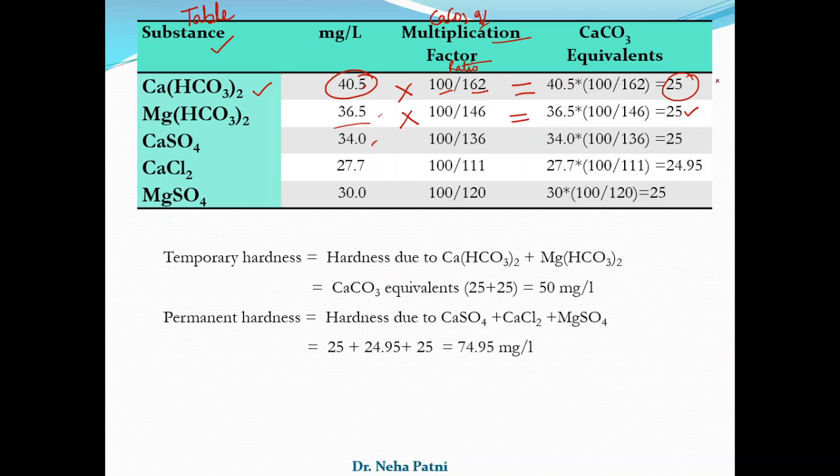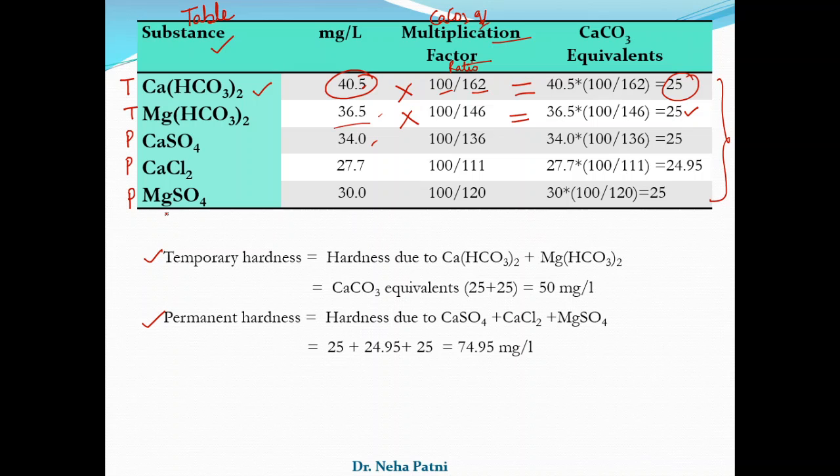Now if you go ahead with this type of calculation, at the end your aim is to find out temporary and permanent hardness. So for that, first you have to identify which salt is responsible for which type of hardness. I hope you remember that bicarbonates and carbonates are responsible for temporary hardness. Rest all render permanent hardness to the water.